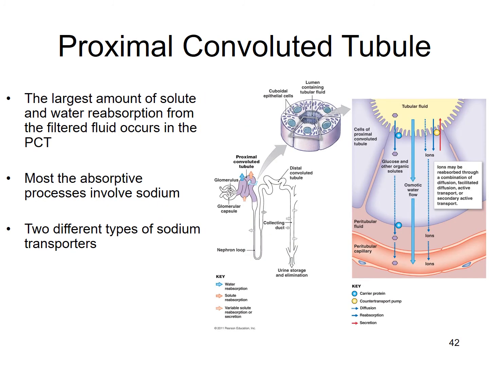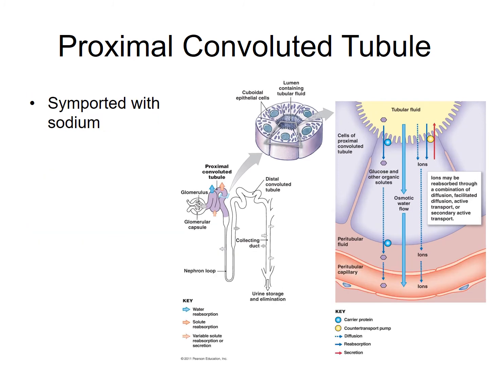In the proximal convoluted tubule, which is what we've been talking about, the largest amount of solute and water reabsorption occurs. As I indicated in the earlier slide, most of these absorptive processes involve sodium. There are two different types of sodium transporters. This reabsorption process occurs a lot with symport with sodium.